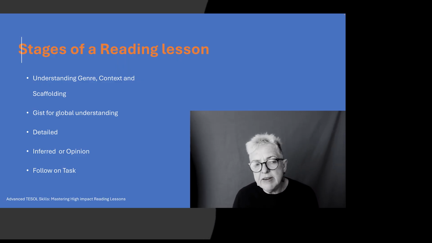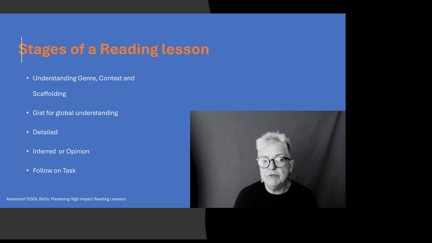Otherwise, you can very quickly put students off reading in class. It's like, what's the point? If I keep my head down, she won't know that I haven't understood all the comprehension questions. And we're not going to do anything with it anyway, so what's the point? So the follow-on task is critical in order to give purpose to the original reading.